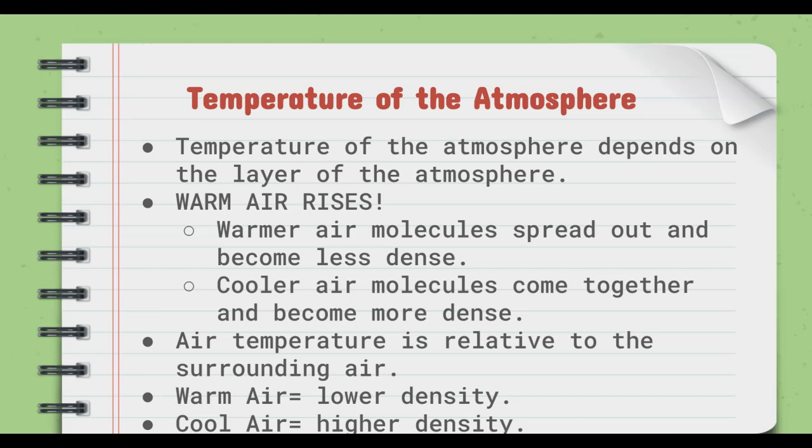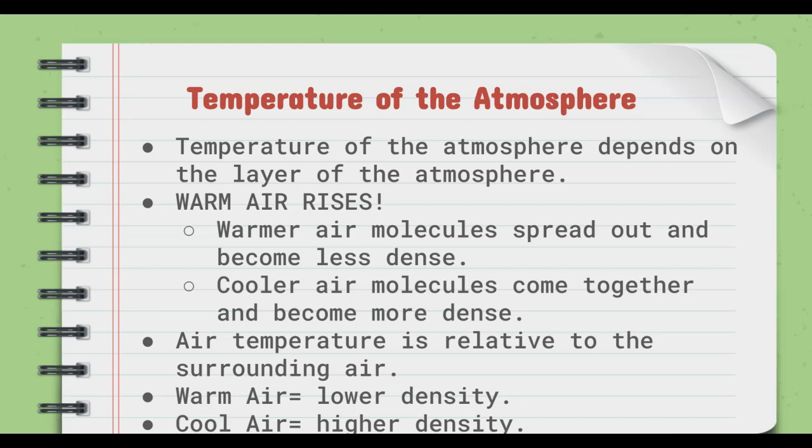Now let's talk about temperature of the atmosphere. Temperature of the atmosphere depends on which layer you are located in the atmosphere. Something that you need to know is the simple phrase warm air rises. When air is heated up, the molecules want to spread out and they become less dense, which is what causes them to rise.